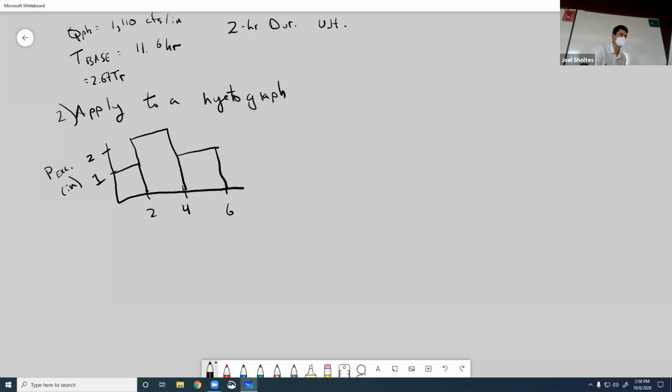Now we might need to do this in Excel, but let's just draw it, because you'd have to do linear interpolation. It's going to be a little funky, but we'll just draw it.